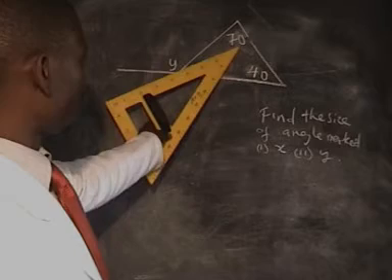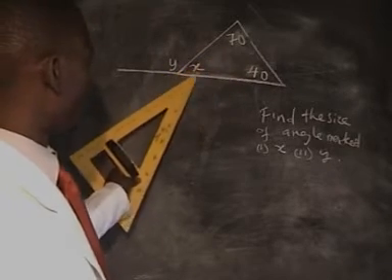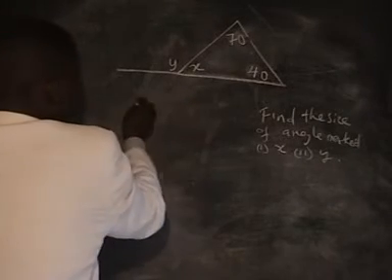So without wasting much of your time, to find the angle X, you have to consider that the 3 angles of a triangle add up to 180.